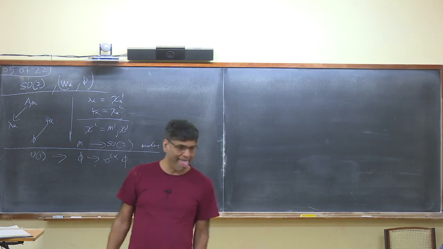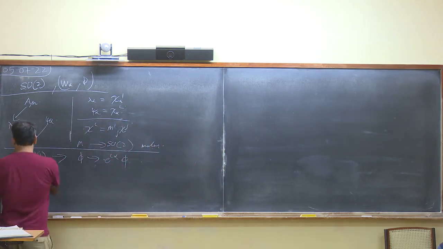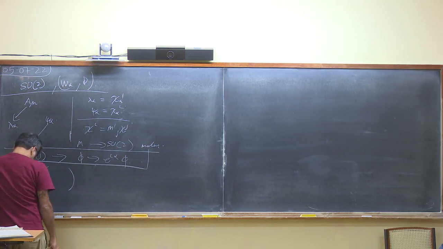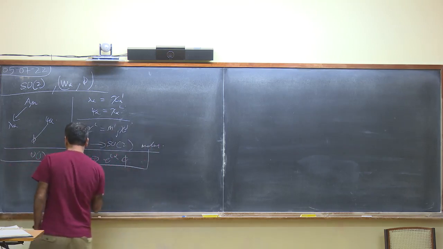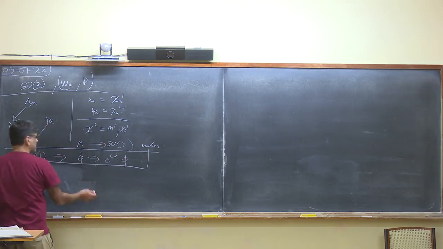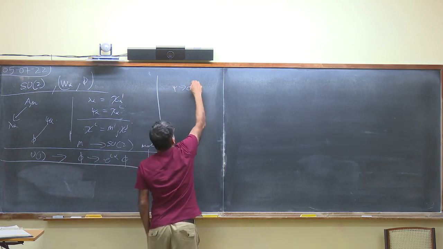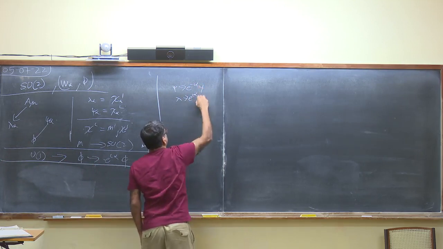Then what we did was to notice that if we combined one of these SU2 symmetries, the one which acted on psi and lambda, like psi goes to e to the power minus i alpha psi, lambda goes to e to the power i alpha lambda.